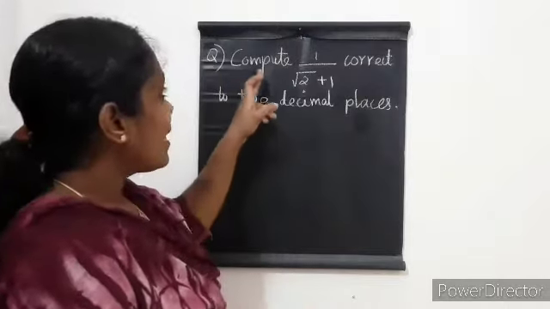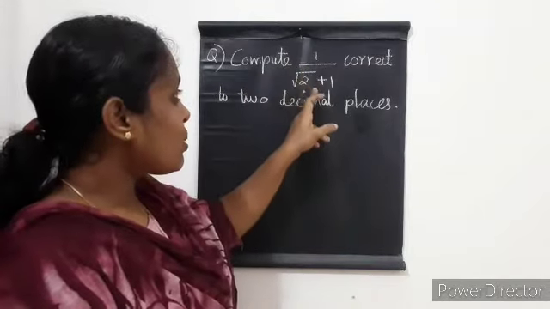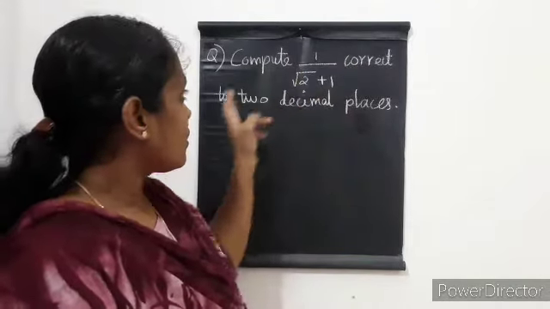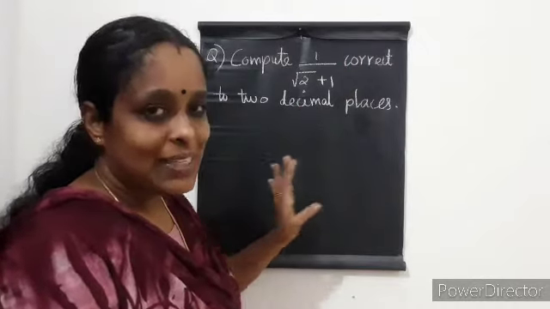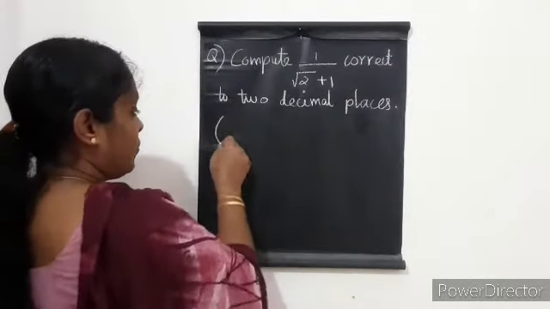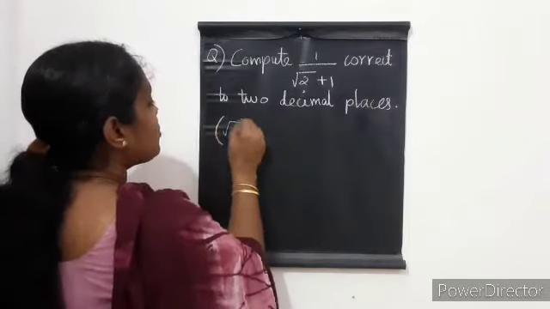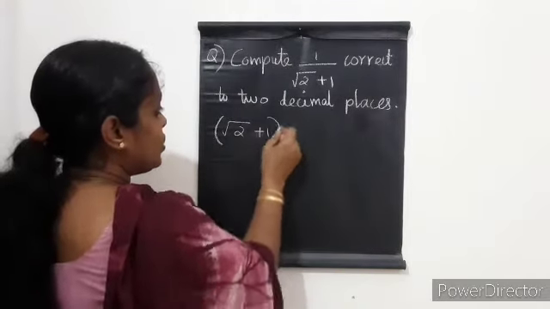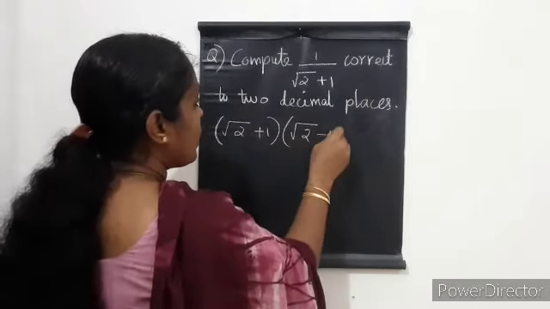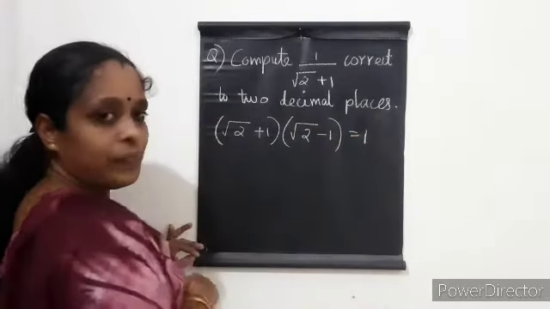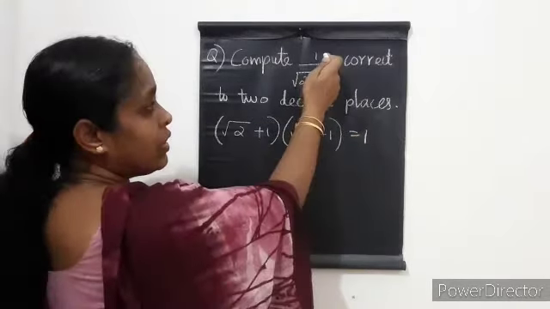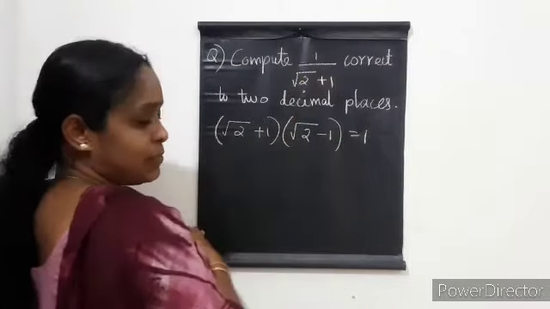Next question. Compute 1 by square root 2 plus 1 corrected to 2 decimal places. We know root 2 plus 1 into root 2 minus 1 is equal to 1. So what we want to find? 1 by root 2 plus 1.